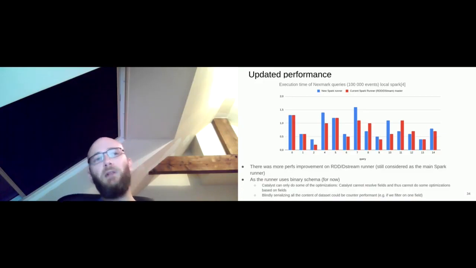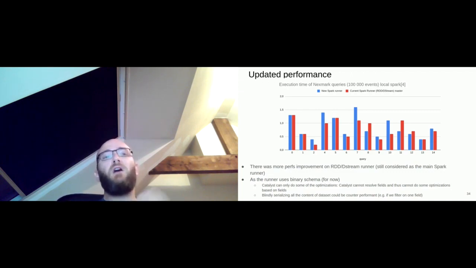That could be explained by the fact that there was a lot more performance improvement on the current RDD DStream runner, because it is still considered by the Beam community as the main Spark runner. Also, that can be explained by the use of binary schemas in this new runner.